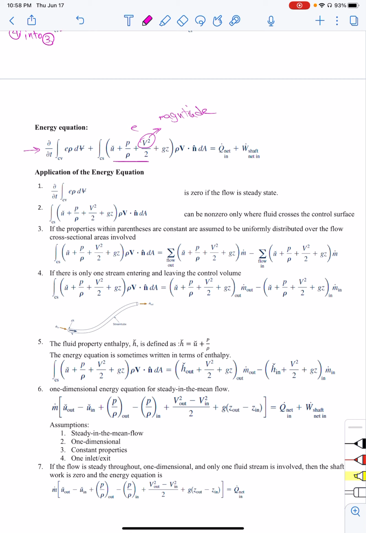So we care about how much kinetic energy crosses the boundaries of our flow. So it's just the magnitude of the velocity at that point. So let me just write it down better. So this is E, and I mean this velocity right here is the magnitude.